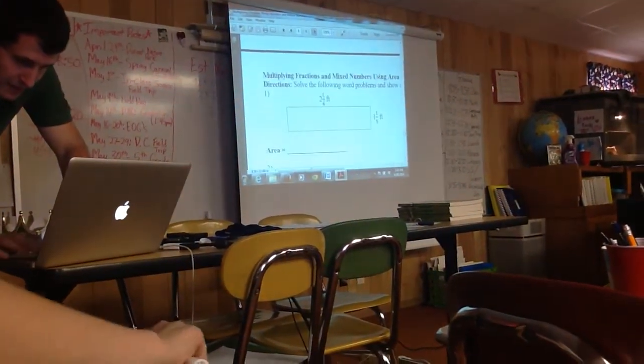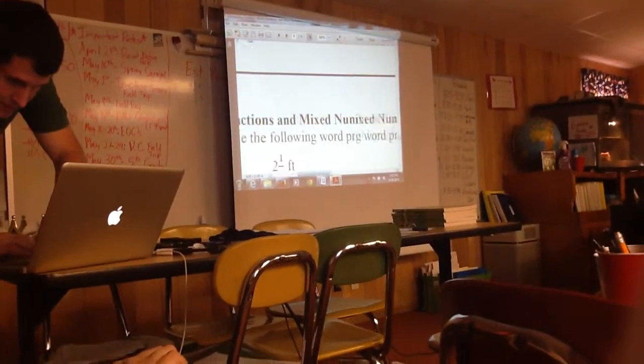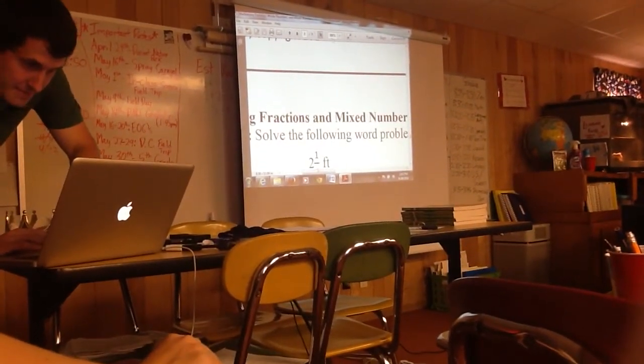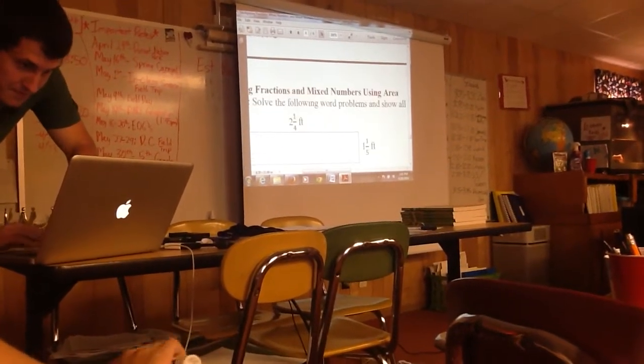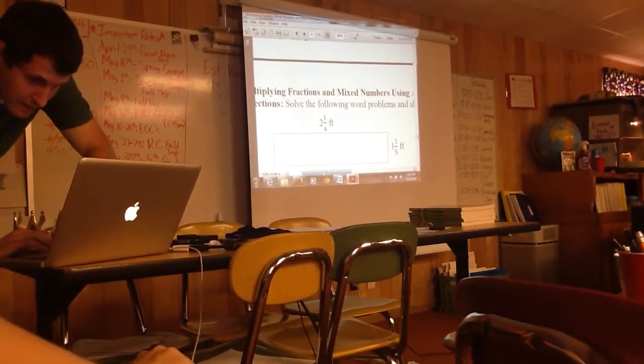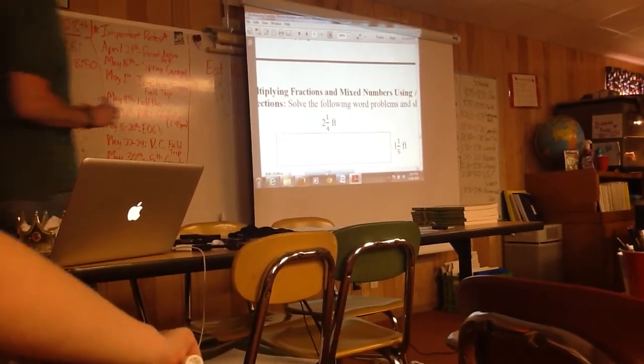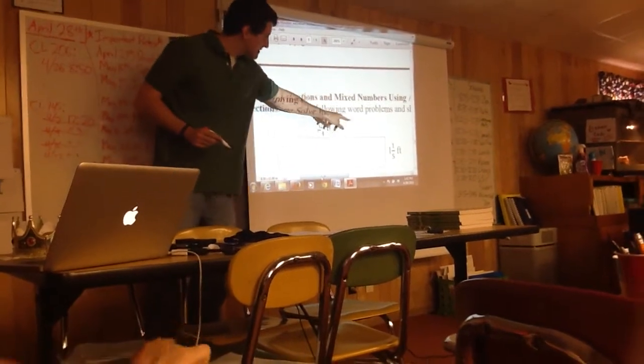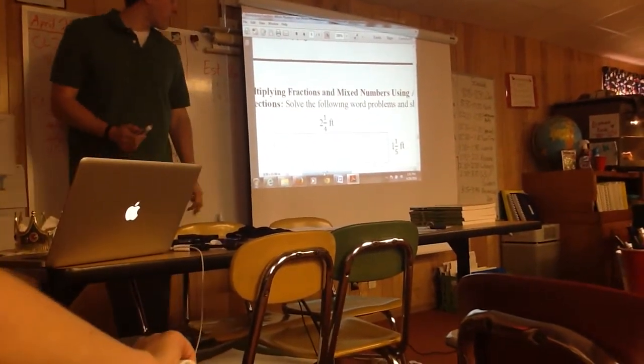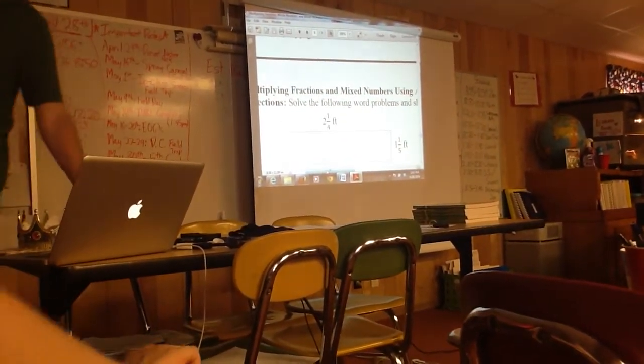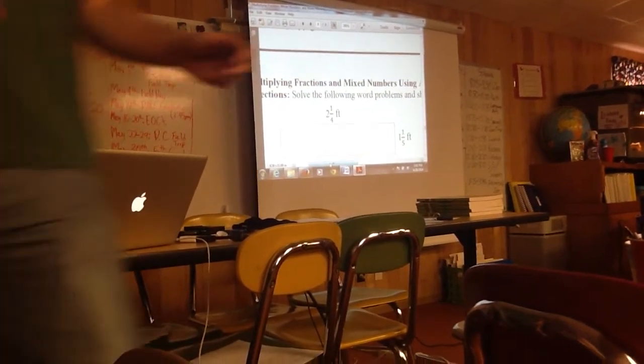So we have a rectangle here. Alright, so we have a rectangle here with a length of 2 1/4 feet and a width of 1 1/5 feet. Find me the area.